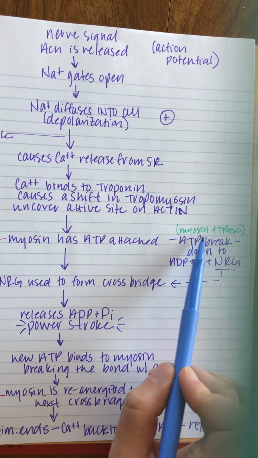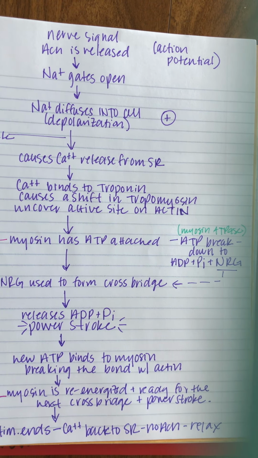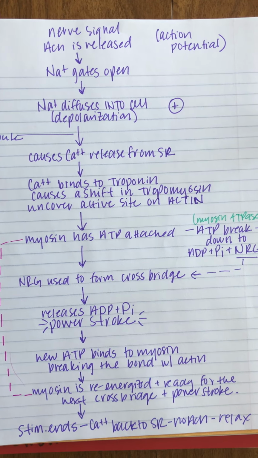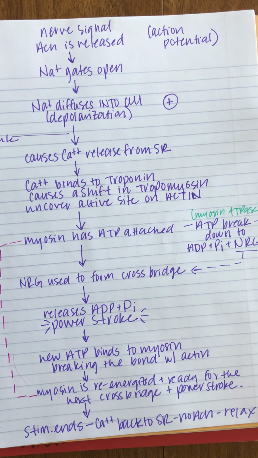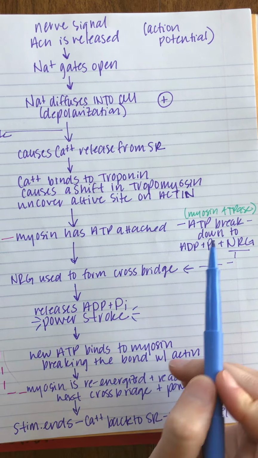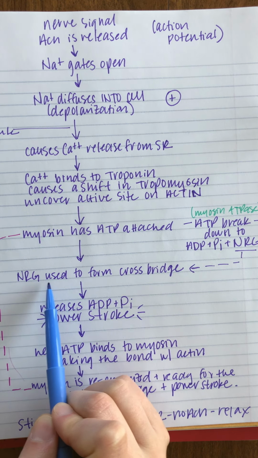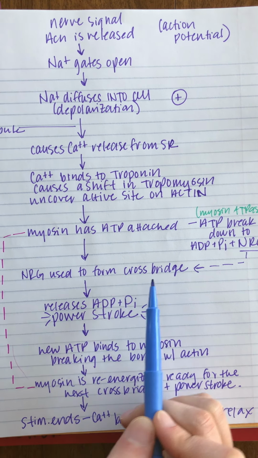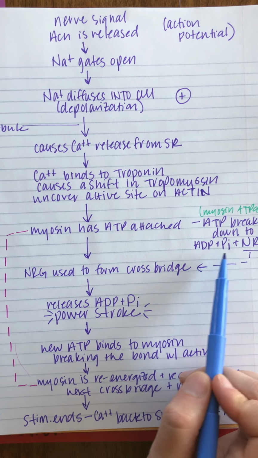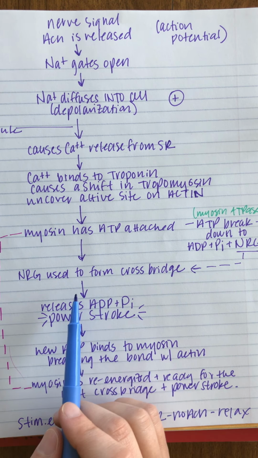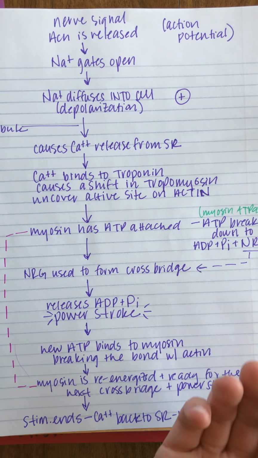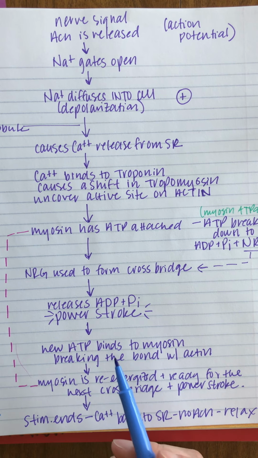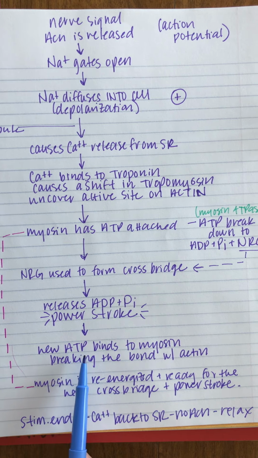By way of myosin ATPase, the enzyme, the ATP breaks down into ADP, Pi, and energy. That energy is then used to form the cross bridge. Then myosin doesn't need ADP and Pi anymore, so it releases them, which allows the power stroke, which is the actual pulling of actin over myosin.